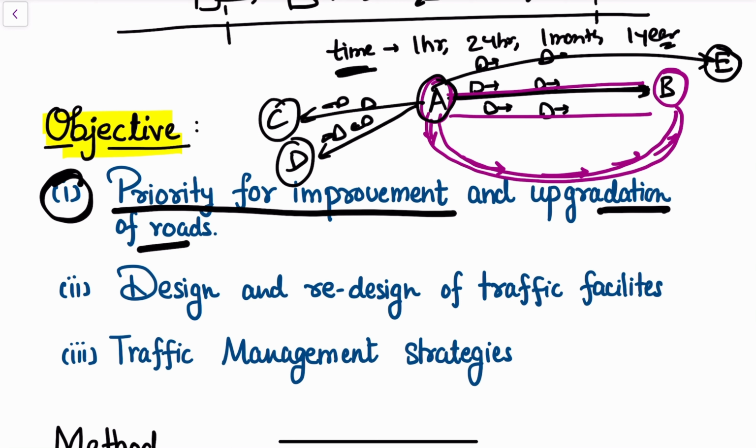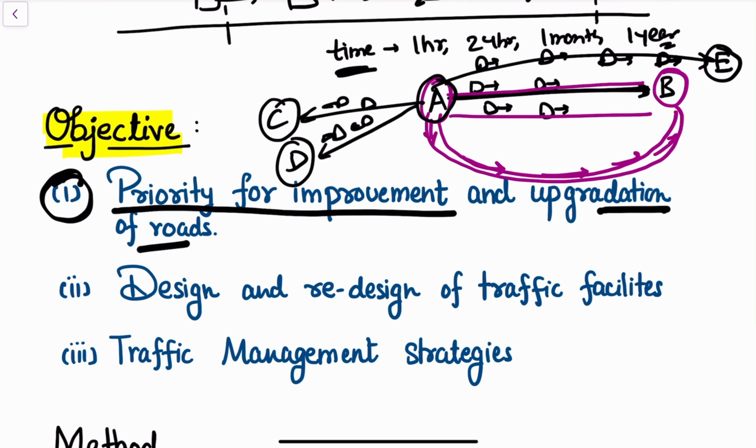There is too much congestion and too much time delay in each of the road sections, and we have a limited amount of budget. In that budget, we first want to see which road section requires our immediate attention.